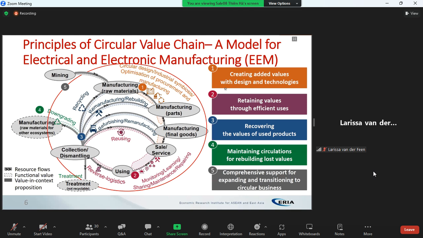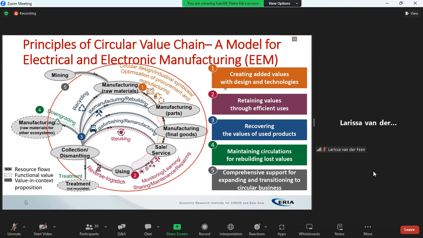The first phase is creating added value, thinking about creating added value with design and technology in the manufacturing phase of the raw materials. The second phase is retaining the value through the efficient use of the product. The third one is, after collection and dismantling, recovering the value of the used product.